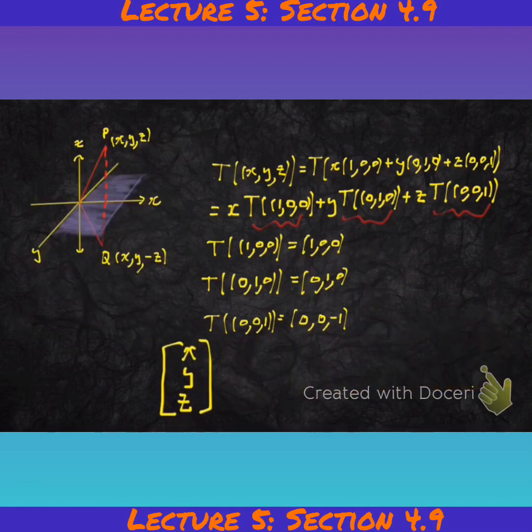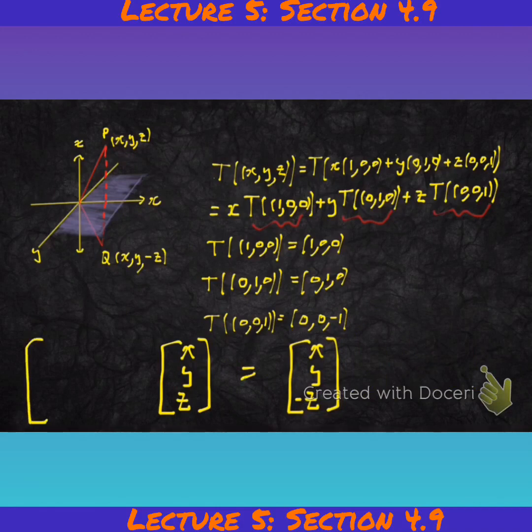We take my vector x, y, z, then the vector where I want to end up, and I ask myself, what is the matrix that I have to multiply on the left-hand side to get to my right-hand side? And it just so happens that the matrix that will give that to me is that 3 by 3 matrix.